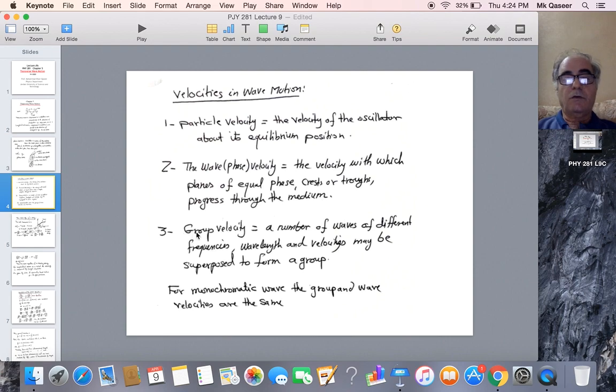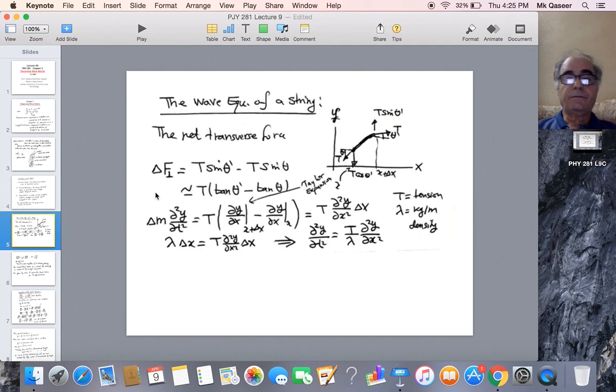There is also a group velocity if we have a number of waves with different frequencies or different wavelengths. Different velocities may be grouped and superimposed to form a group. Now, for a monochromatic wave, the group velocity and the wave velocity are the same. Monochromatic means one wavelength, mono wavelength.